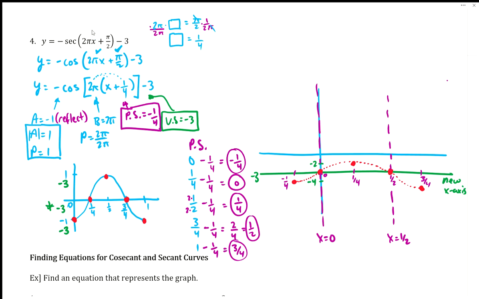And then we find the peaks. There they are. And then from those peaks, we draw away from the cosine curve to the asymptotes for the final secant curve. There we go. Okay, and so there's one full period of our secant curve that's been shifted.